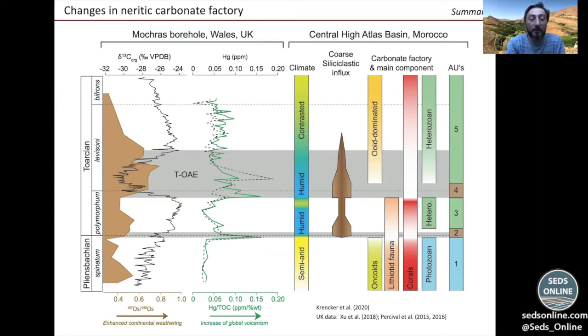Now, it's true that we have not so far, although there are some papers on the way, direct evidence for ice in the early Jurassic, but there is plenty of indirect evidence, and out of those, the sea level fluctuations are very important as well.